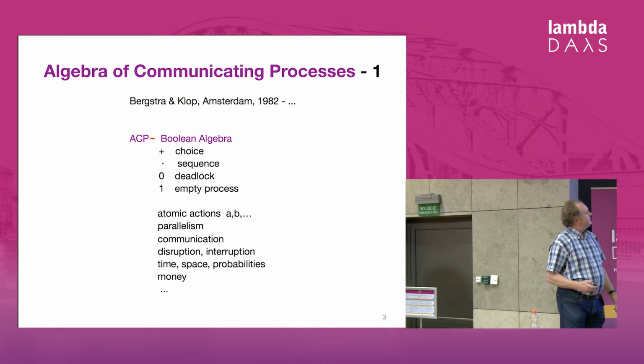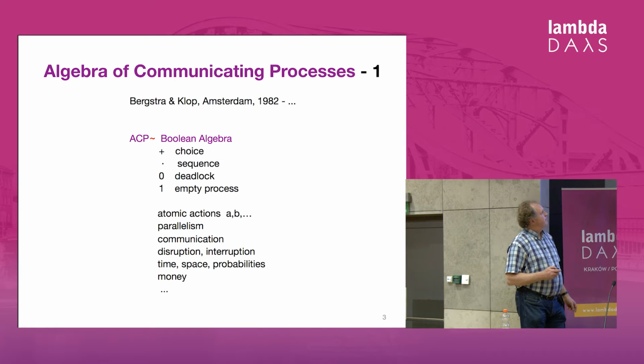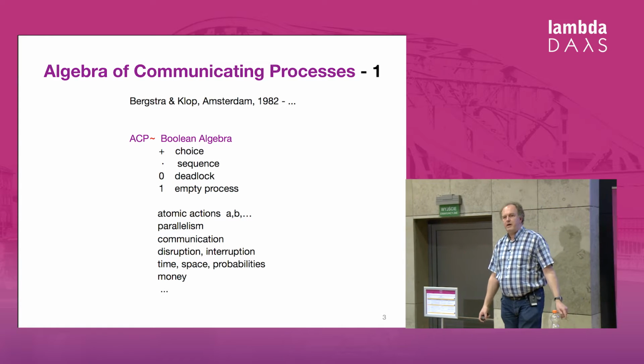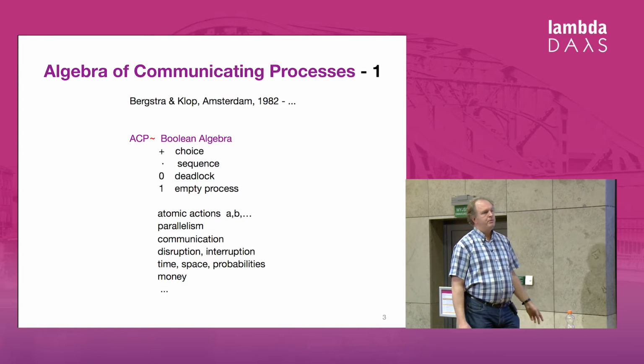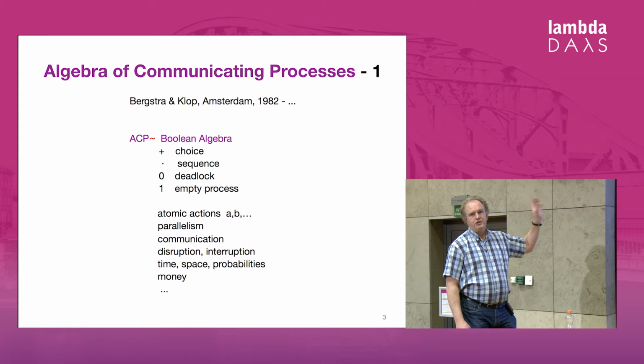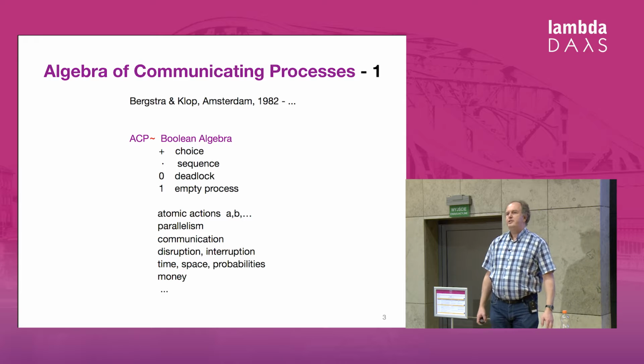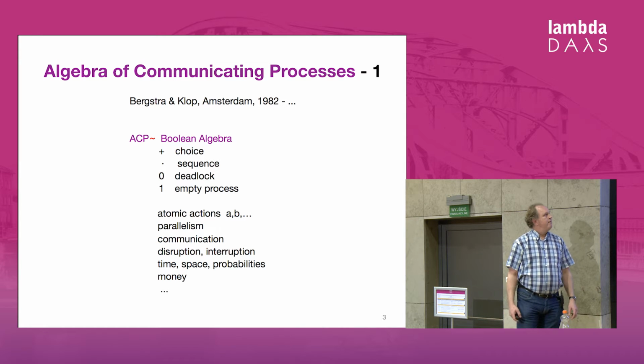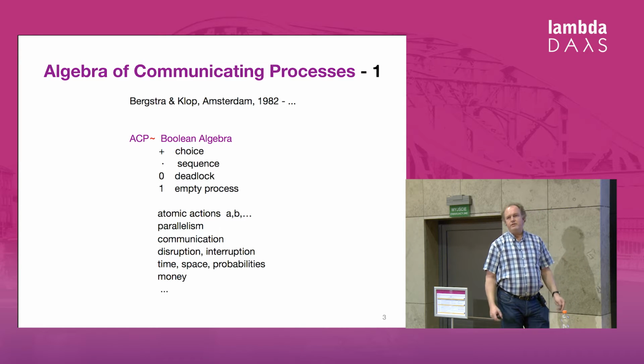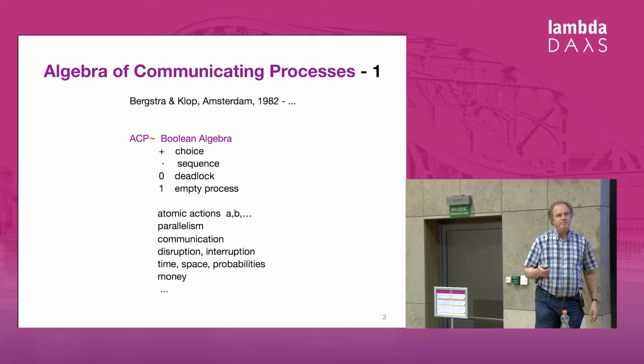ACP was developed starting in 1982 by Bergstra and Willem Klop in Amsterdam. And predecessor theories that you may have heard of are CSP and CCS, which were developed around 1978 or so.